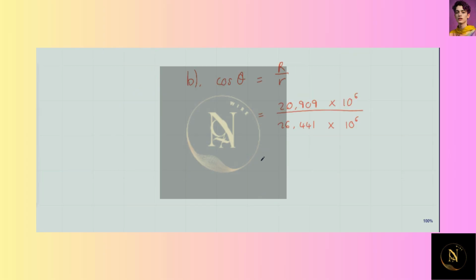We get that the cos of theta is 0.79078. This implies that the angle theta is equal to 37.74 degrees.